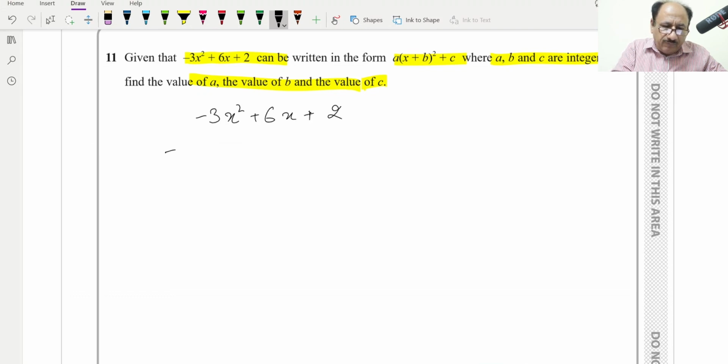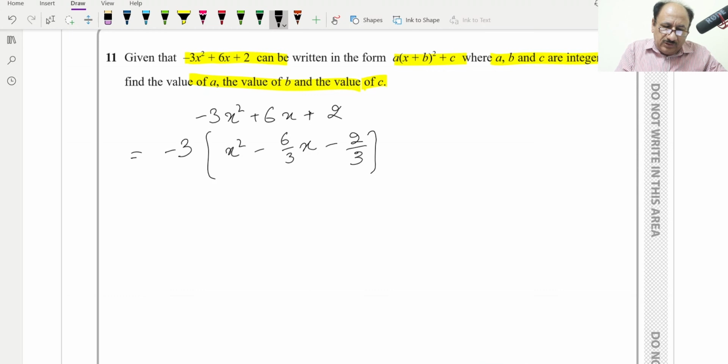We will first take common whatever the coefficient of this one is. So we will be taking minus 3 as common, and inside the brackets it will be x square minus 6 over 3 we can take common, so it will be x, and plus 2 over 3, because we are taking minus common, so this will be minus 2 over 3, and this will be this.